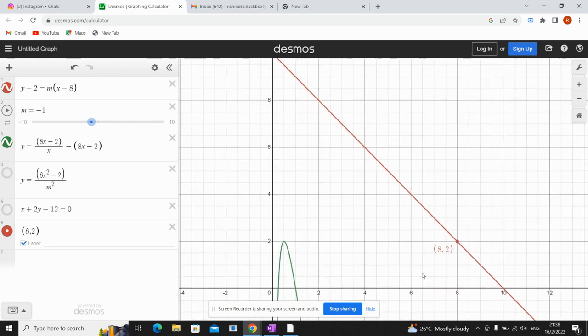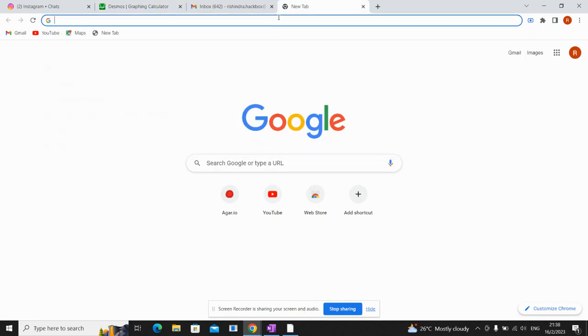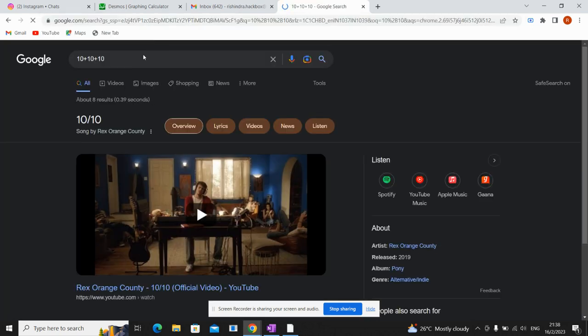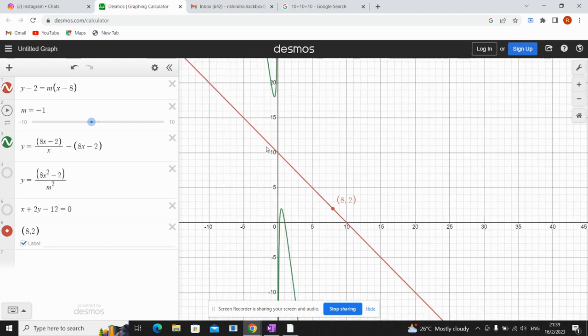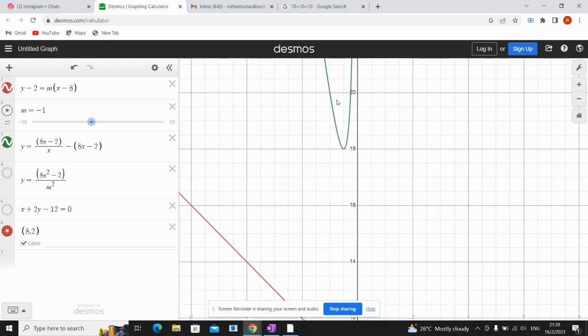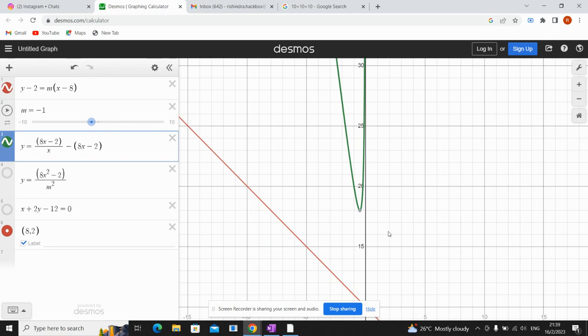The x-intercept will be 10 and the y-intercept will be 10, so 10 plus 10 is 20. Now look at the value of the green graph at minus 1. The actual value for this graph is 20. It looks like magic, right?